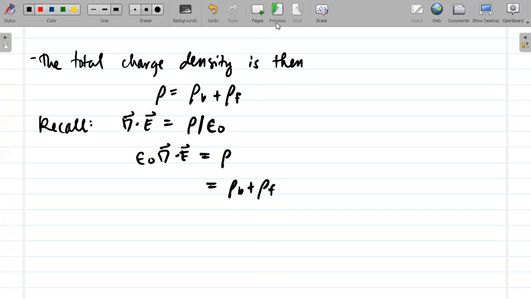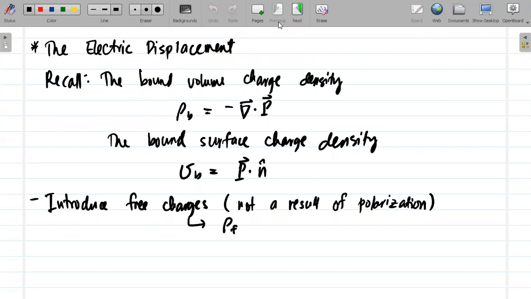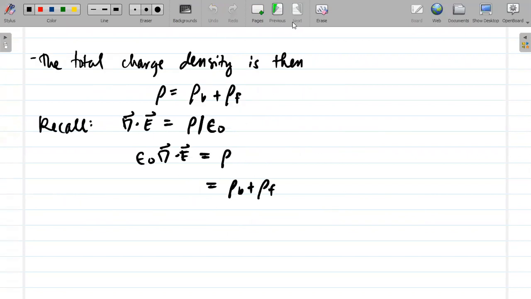Pero class yung rho sub b earlier, that is negative del dot P. So this is equal to negative del dot P, the polarization vector, plus rho sub f. Right, ang epsilon naught del dot E. Now class, lahat nung may mga divergence, ilagay ko sa left hand side.